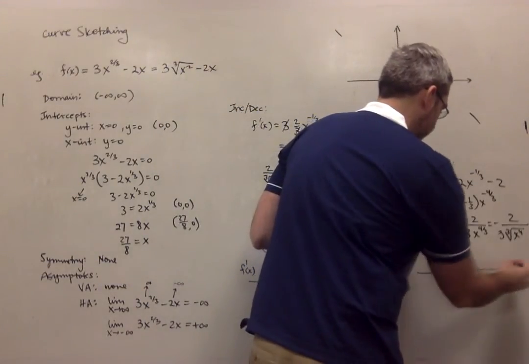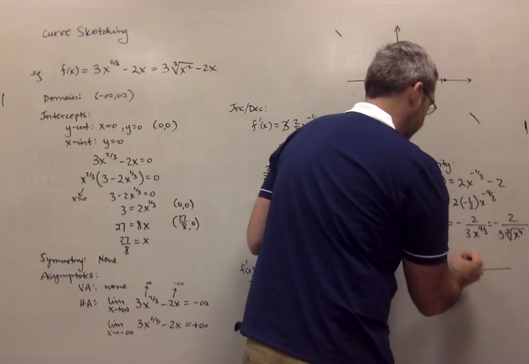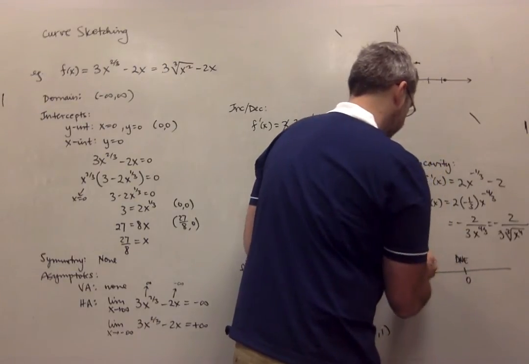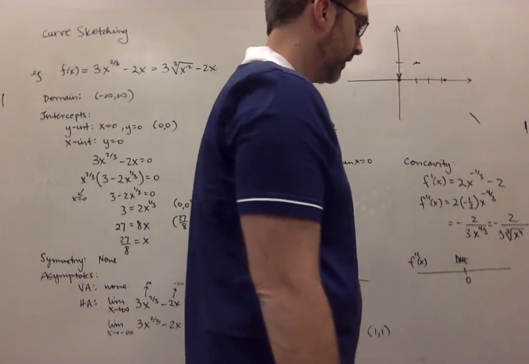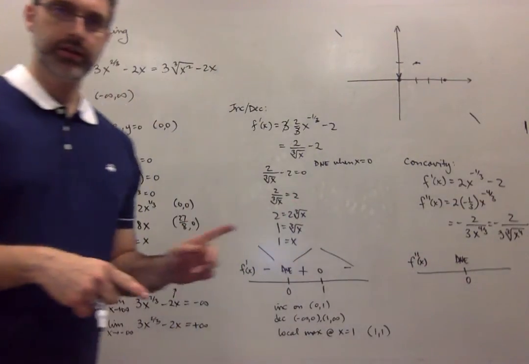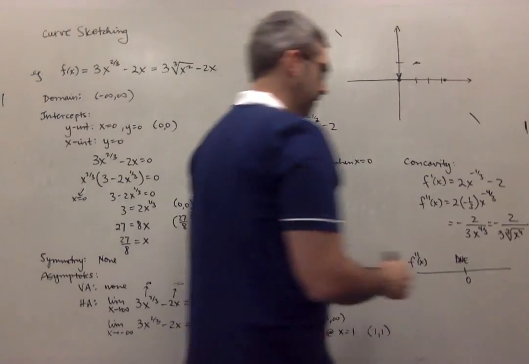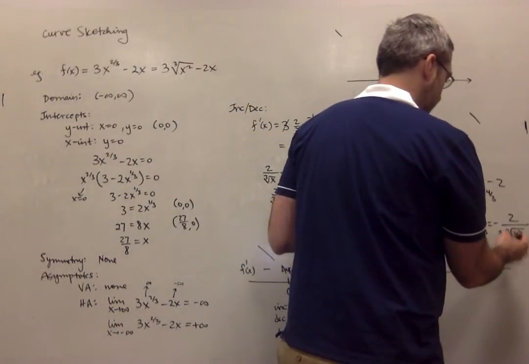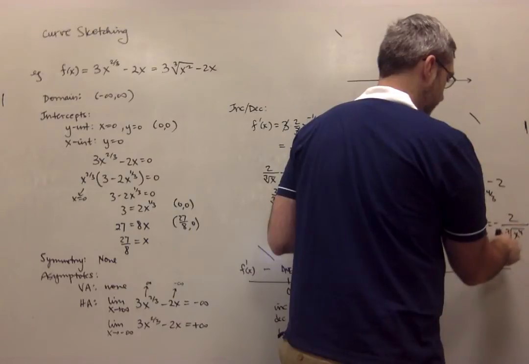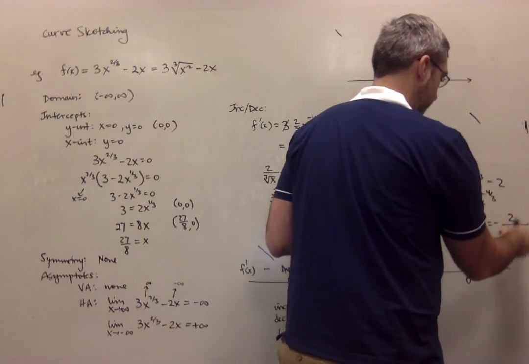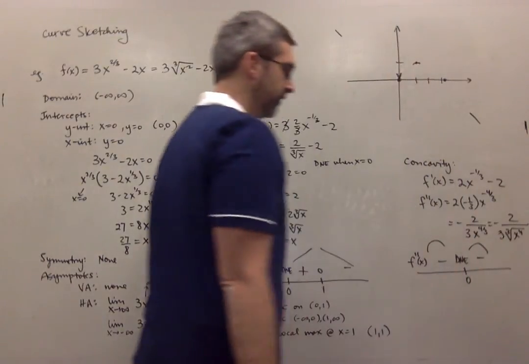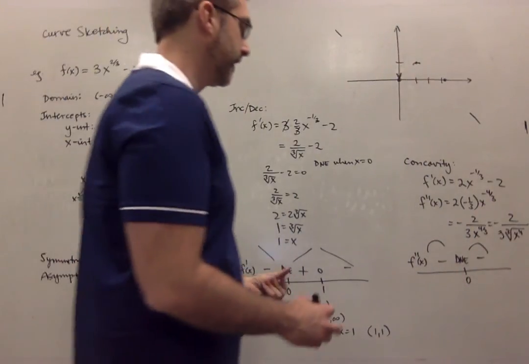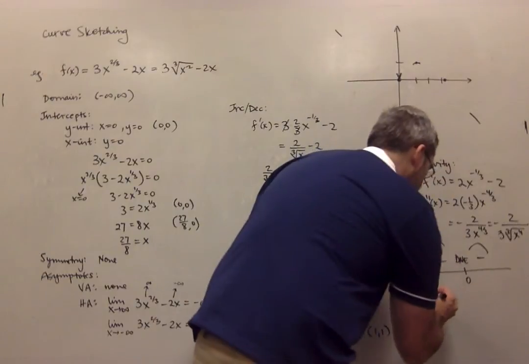So I want you to notice that does not exist at 0, which should not be a surprise. But there's no place where that equals 0. So if I test points around, notice it's negative, the top is 2, the bottom is 3, the bottom's always positive. So overall, that second derivative is always negative, so we're always going to get that this is concave down.